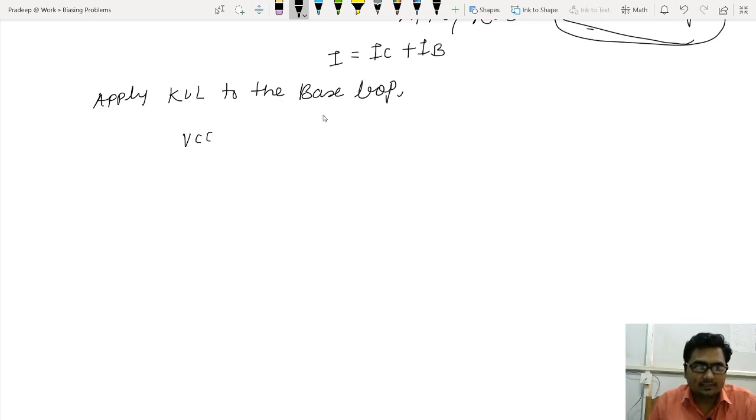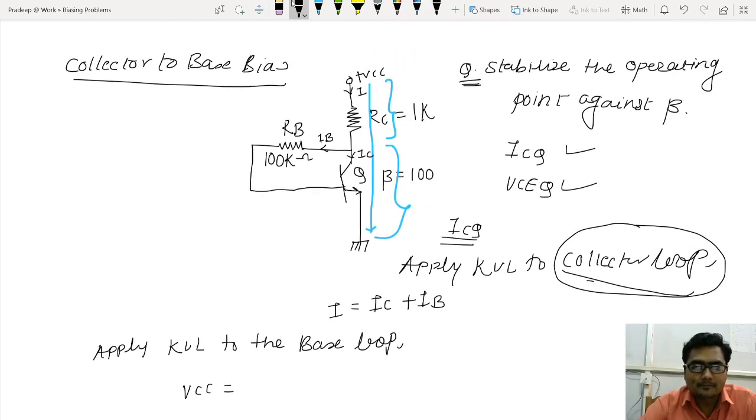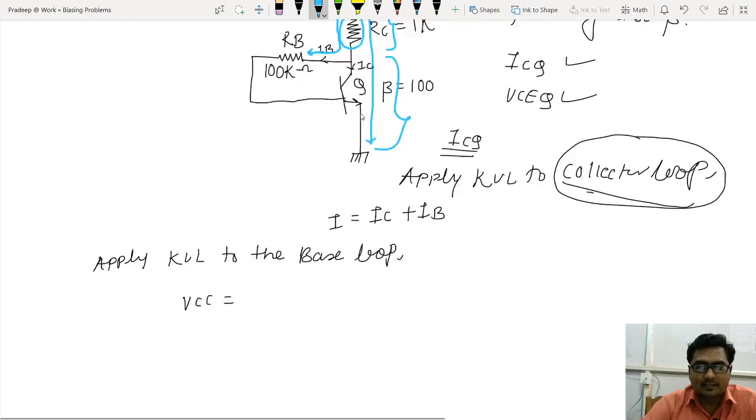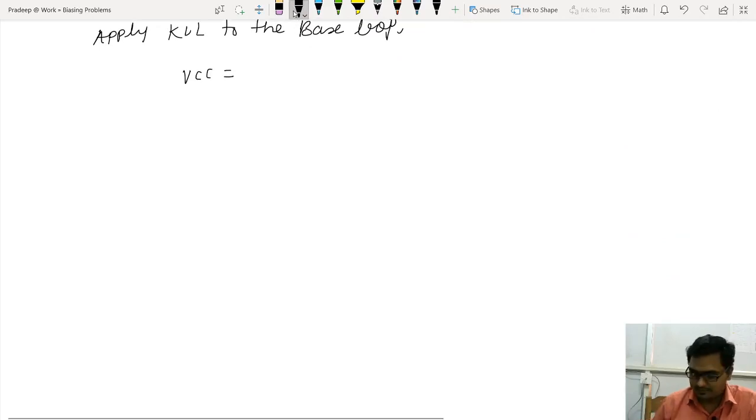Let me write VCC is equal to this. Now, this VCC is equal to the current flowing in this direction. What is the current flowing through this RC? This current is nothing but I. So, I multiplied by RC.